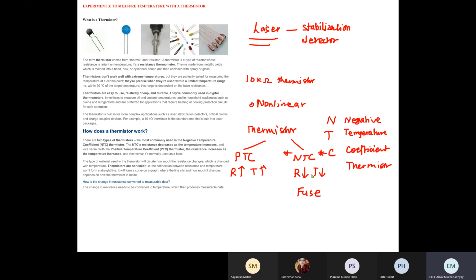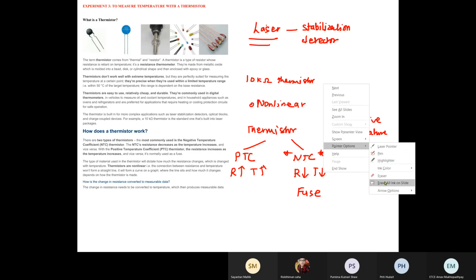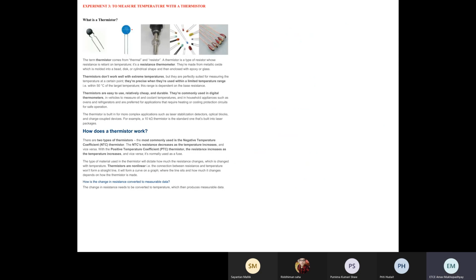Now, how will you measure temperature using this device? Say for instance, you have a thermistor connected to an ohm meter. So from here you get the resistance. Now, how will you convert this resistance value to temperature?